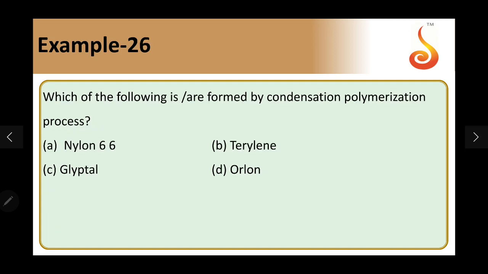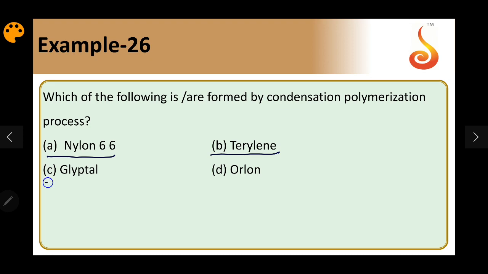Which of the following is formed by condensation polymerization process? It's a conceptual question. Nylon 6,6 is a condensation polymer formed by adipic acid and hexamethylene diamine. Terylene is a condensation polymer formed by terephthalic acid and ethylene glycol.